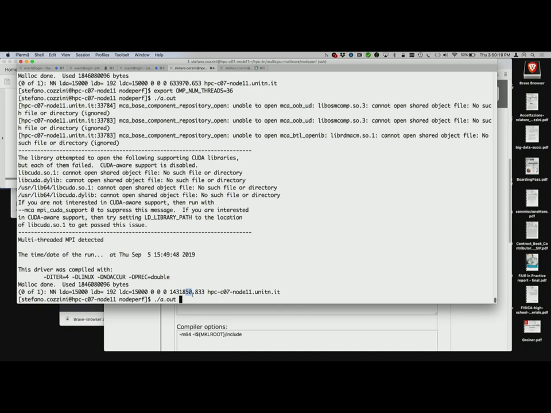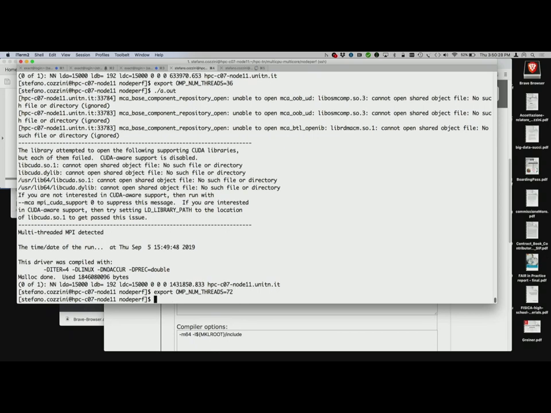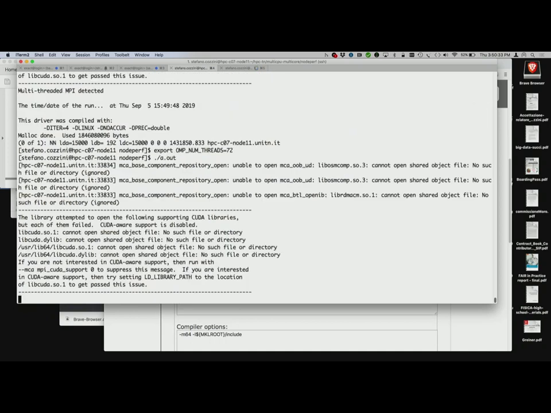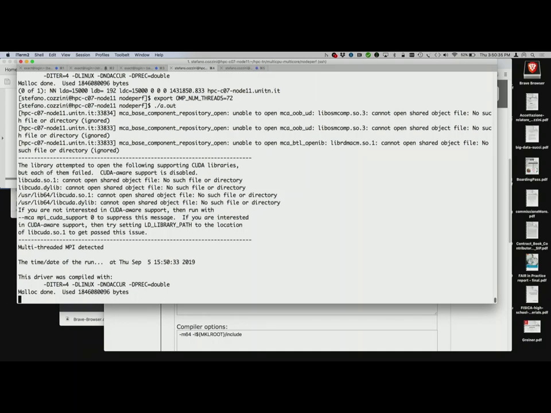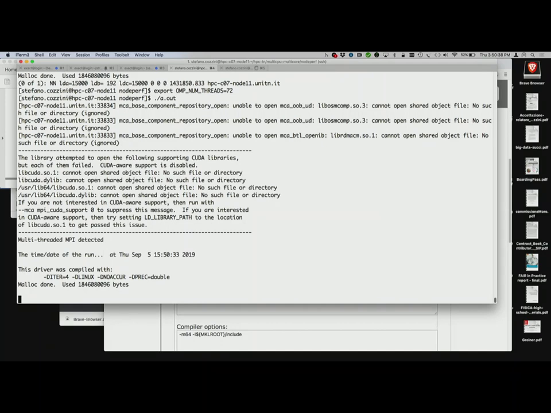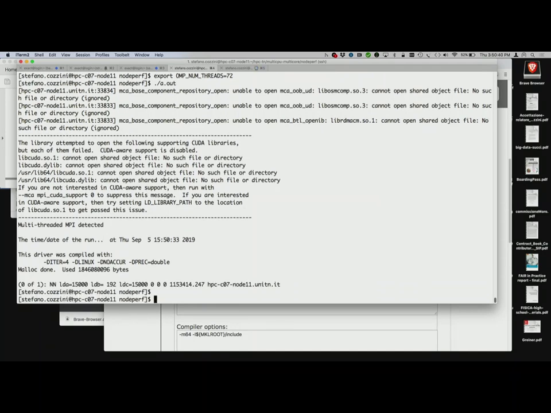So it's 20 times faster when I run on 36 cores. But when I run on 72, it's quite fluctuating. Now it's a bit better, but it's fluctuating. In any case, it doesn't scale linearly. Why this? Any guess?